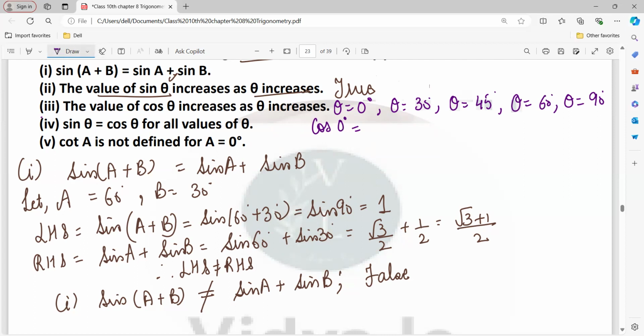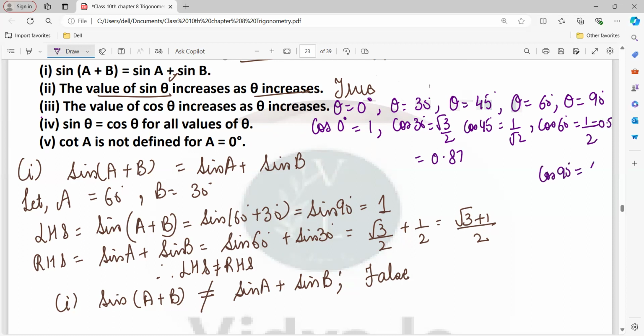Cos 0 degrees is 1, cos 30 degrees is root 3 by 2, cos 45 degrees is 1 by root 2, if I write its value, it is 0.87, and cos 60 degrees is 1 by 2, which is 0.5, and cos 90 degrees is 0.